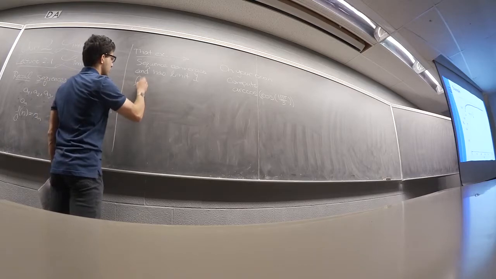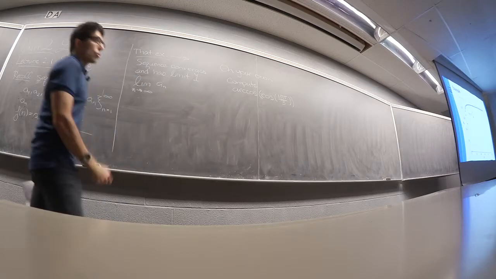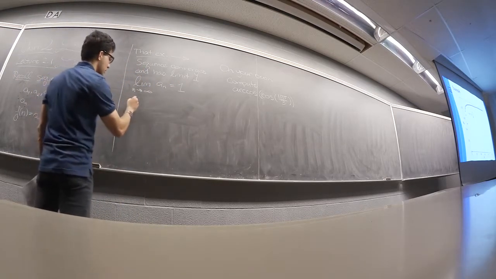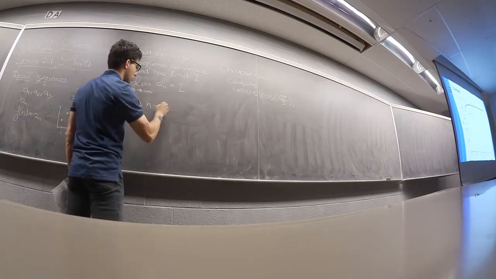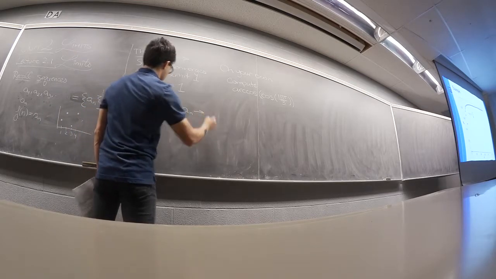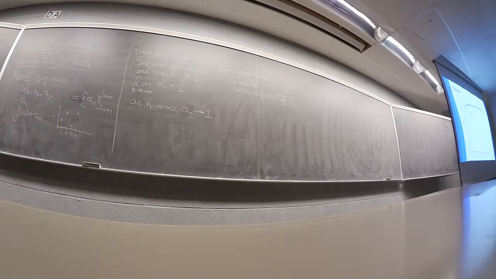Okay, the sequence converges to the limit 1, the place where it's tending to. Good? Okay. We could write the limit as n grows of a sub n, or you could write that expression in there, is 1. Or you could write as n grows, the elements of the sequence tend to 1. Okay?